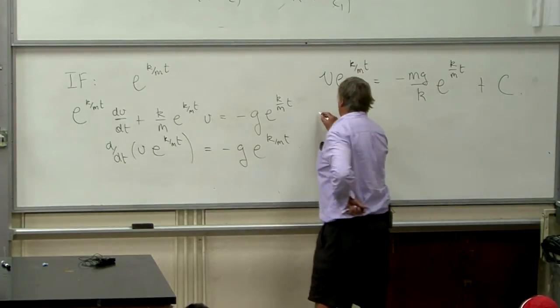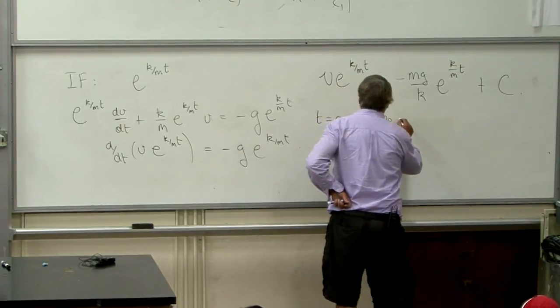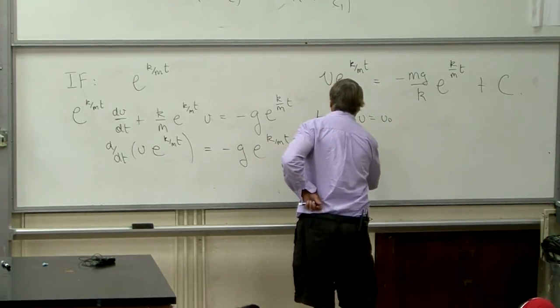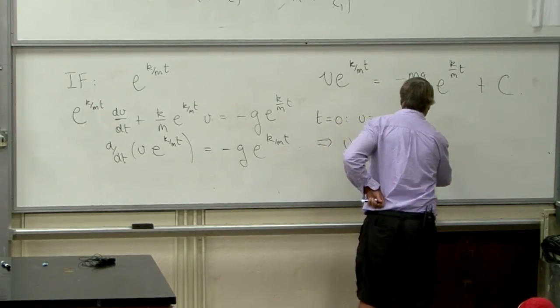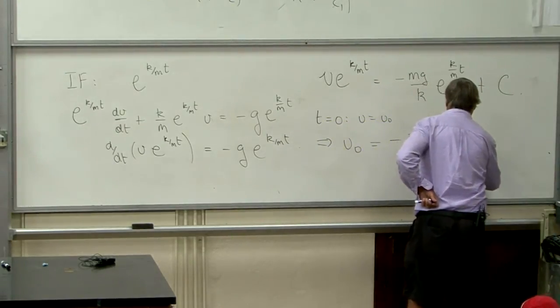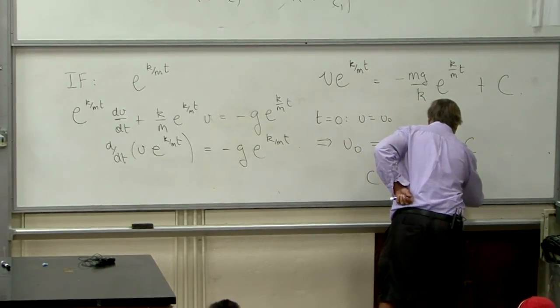At t equals 0, I'm given v is v0. This implies that v0 equals minus mg over k plus c. So c is v0 plus mg over k.